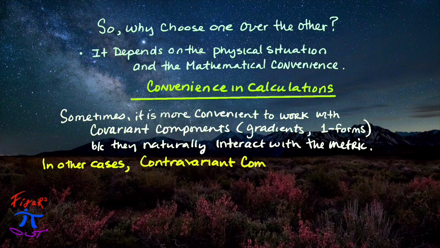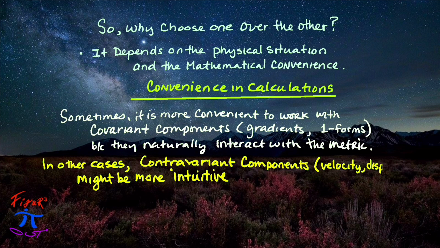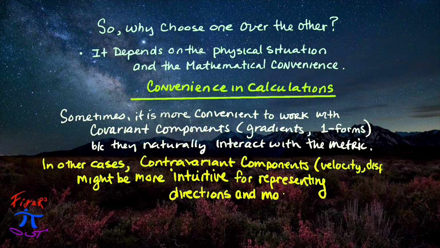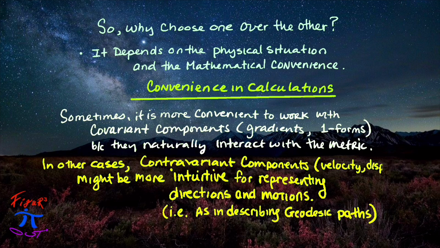However, in other cases, contravariant components, velocity, displacement, etc., might be more intuitive for representing directions and motions, i.e., as in describing geodesic paths.